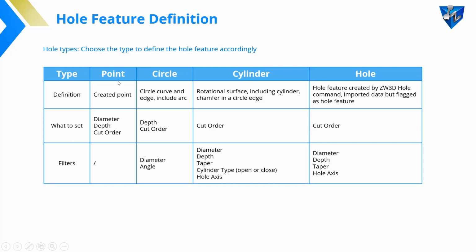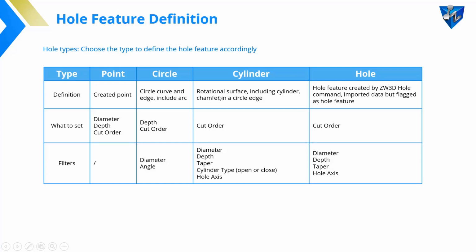So there are 4 hole types we can define. We can define from a point, circle, cylinder, or hole. So you can find the definition for these 4 types. A point created in sketch or wireframe can be recognized as a point, and the circle type includes curves, circle edges, and arcs.